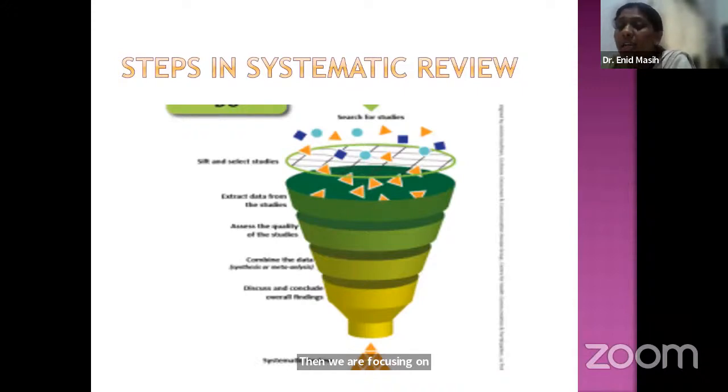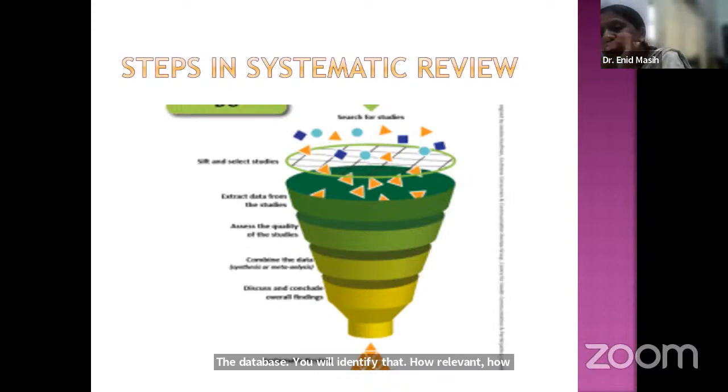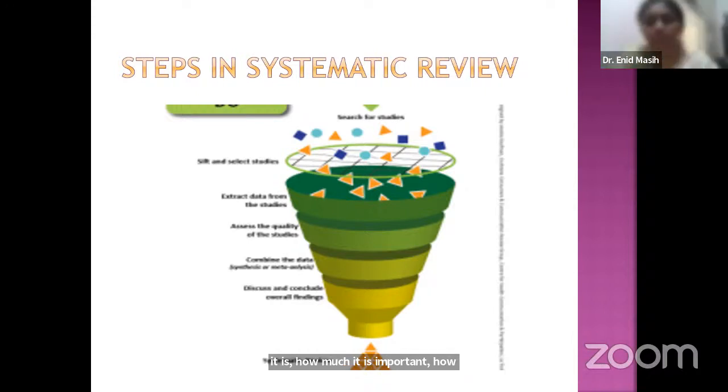Then the next important thing is that we must search for the studies. The whole idea of doing a systematic literature review is based on the database. To run the search in the database, you will identify how relevant and how important that study is for you.